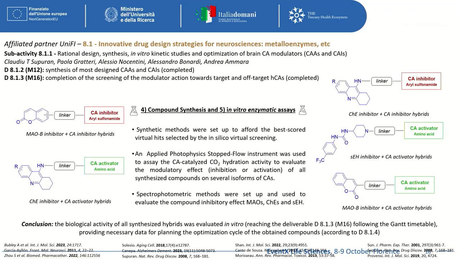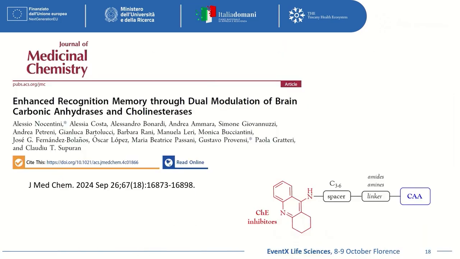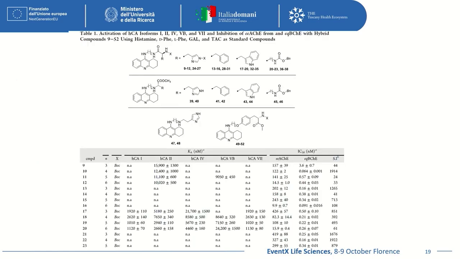So we have inhibitors of the cholinesterases of the tacrine type and activators of carbonic anhydrase of different types. And also in this case, we have nice results in an animal model of cognition. Obviously, the compounds have been tested as activators of several brain-associated carbonic anhydrases, and as inhibitors of cholinesterase and butyryl cholinesterase, and we have nice expected results of the activation and inhibition.